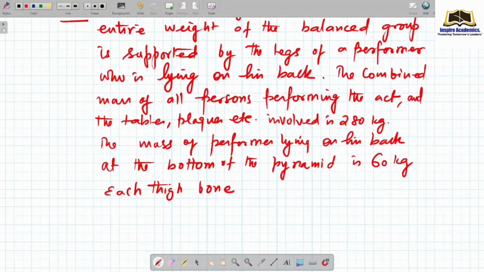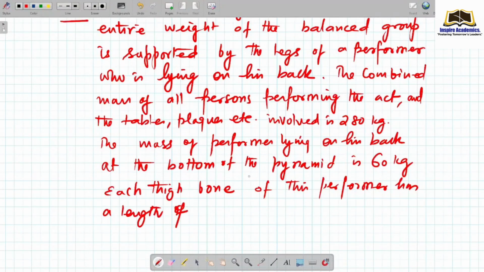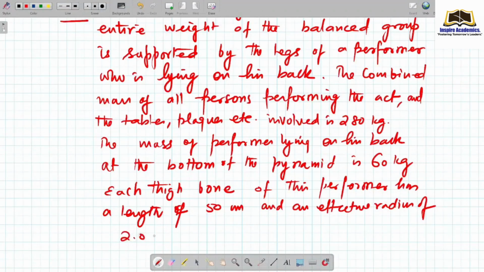Each thigh bone of this performer has a length of 50 centimeter and an effective radius of 2.0 centimeter.